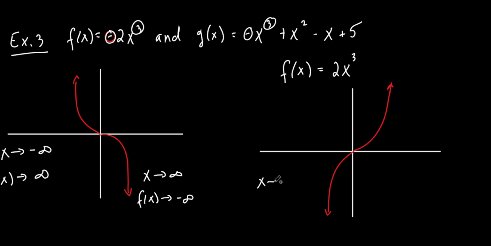As x approaches negative infinity, then f of x, which is the graph, approaches what? Negative infinity. Okay? This one, as x approaches positive infinity, then f of x approaches what? Positive infinity.